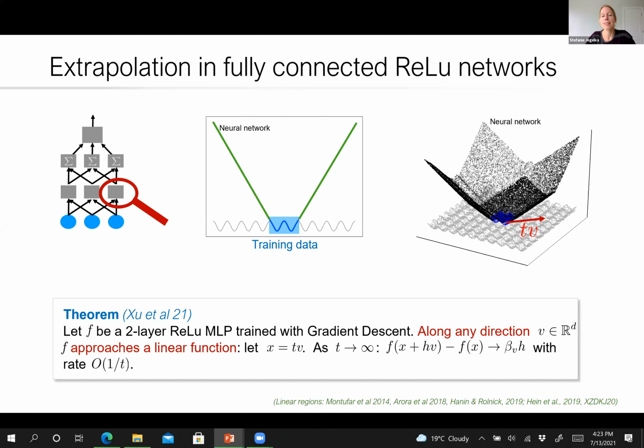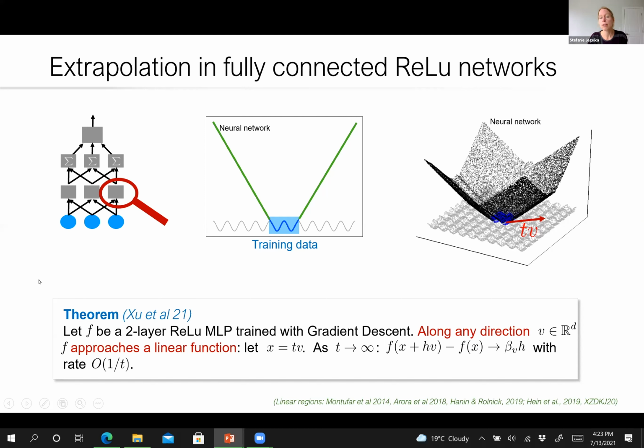Hence, anything that is a directionally linear function or a linear function, it can extrapolate well, because as long as it has learned that all it should be doing is a linear function. But anything that's nonlinear, it doesn't do it. The reason is that outside of the training data, it hasn't seen any data. It's going to do whatever is built into the architecture. And here it is because of the ReLU.